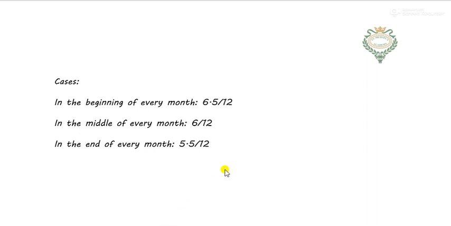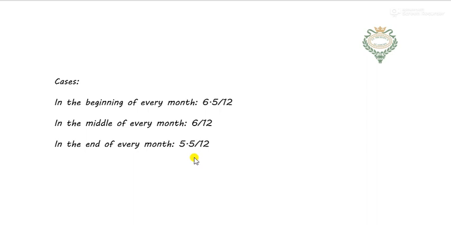Instead, we'll multiply the interest with 6.5 by 12. If the drawings are made in the middle of every month, then they are multiplied with 6 by 12, and if they are withdrawn at the end of every month, then 5.5 by 12.